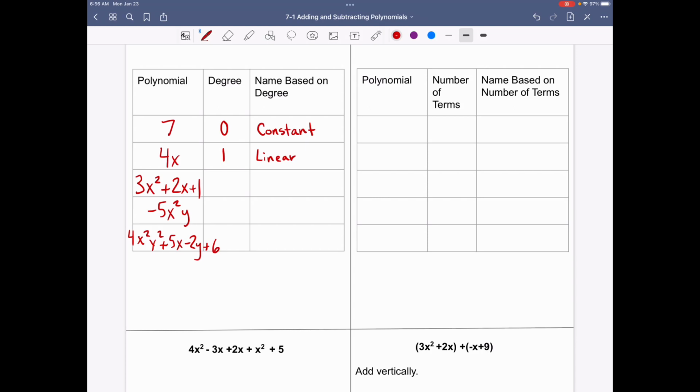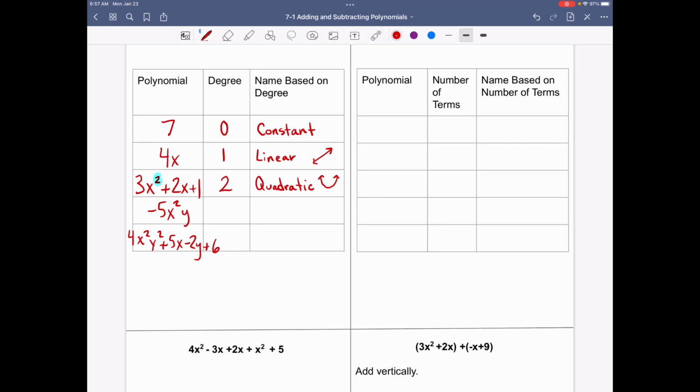And then the next one, the greatest exponent that we have is x squared, and so it's a second degree, and we call second degrees quadratics. Later in the year, we will be graphing quadratics, and they make parabolas. So they make this shape, and linear makes this shape. Okay, and the constant makes a line also, but with no slope.